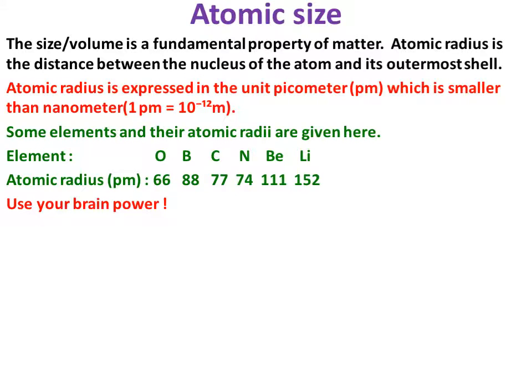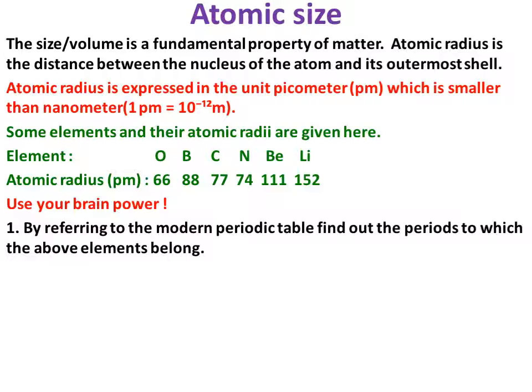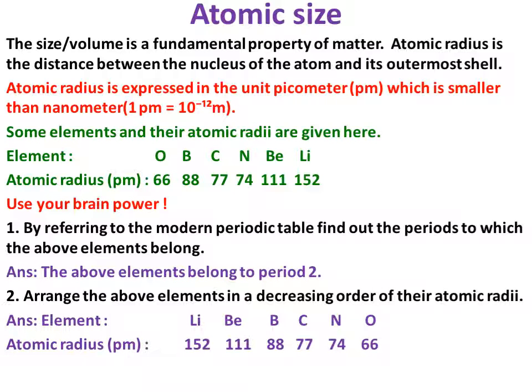There are some questions. By referring to the modern periodic table, find out the periods to which the above elements belong. The answer is: the above elements belong to period 2. Arrange the above elements in decreasing order of their atomic radii.